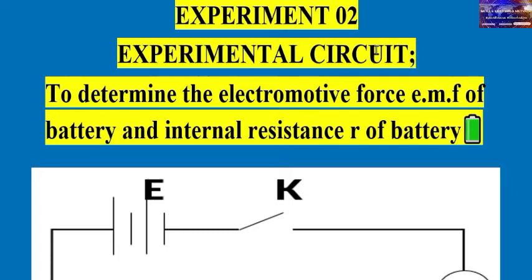So experiment number 2, we are going to start our lesson. In the coming lesson we are going to deal with how to derive the equation or the nature of the graph of your experiments.